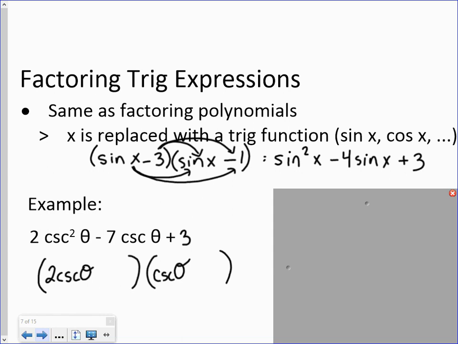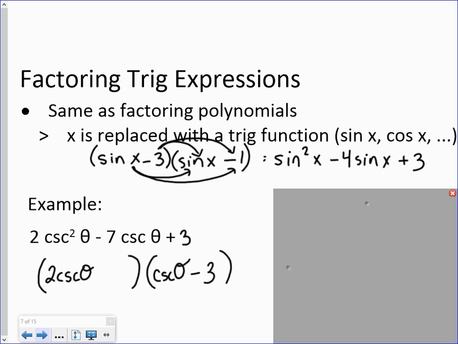And you're thinking in your head, if I were to FOIL that out, first terms times each other, 2 cosecant theta times cosecant theta will be 2 cosecant squared theta. Okay. Then I go to my last term. What multiplies to make 3? 3 and 1, not hard, right? So you just have to decide where you're going to put the 3, where you're going to put the 1, so you get the correct middle term of -7. -3 goes in the second one, because then when you multiply by the first term, that's -6 cosecant.